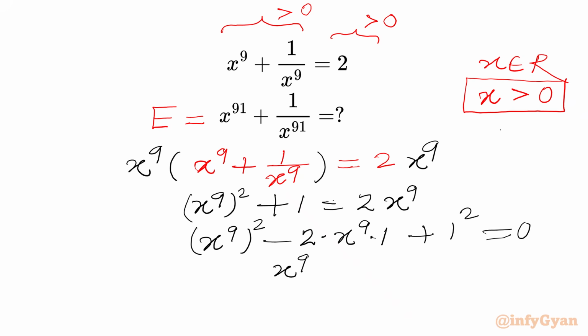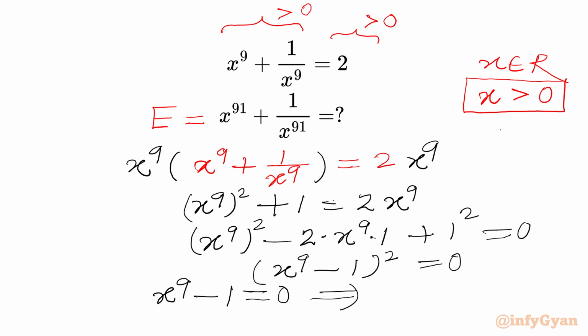We'll write x power 9 minus 1 whole square equal to 0. From here we will get x power 9 minus 1 equal to 0, or by adding 1 both sides we will get x power 9 equal to 1.